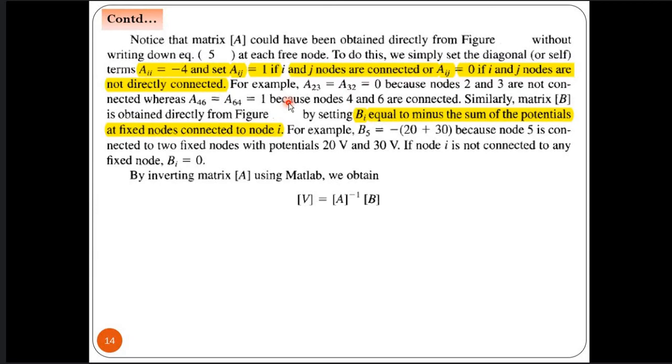For example, A of 4,6 and A of 6,4 will be 1. Now B of i will be equal to the minus of the sum of the potentials of the connected fixed nodes. Minus 20 plus 30.